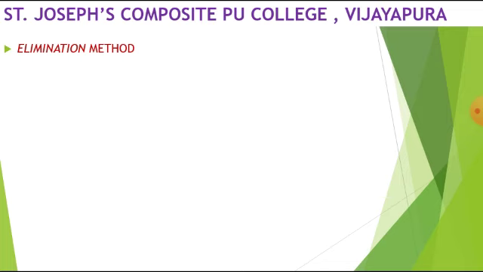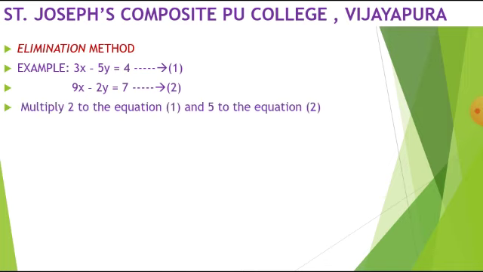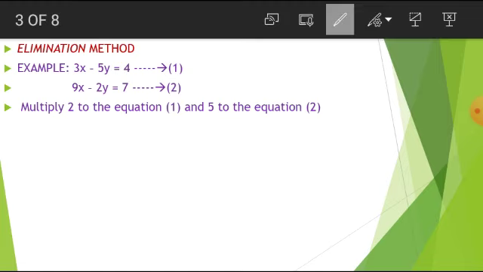To understand this method, let us take an example. Let the equations be 3x minus 5y is equal to 4 as the first equation, and 9x minus 2y is equal to 7 as the second equation. Now any one of the coefficients of the variables you have to make the same. To make it the same, we have to multiply 2 to equation 1 and 5 to equation 2.